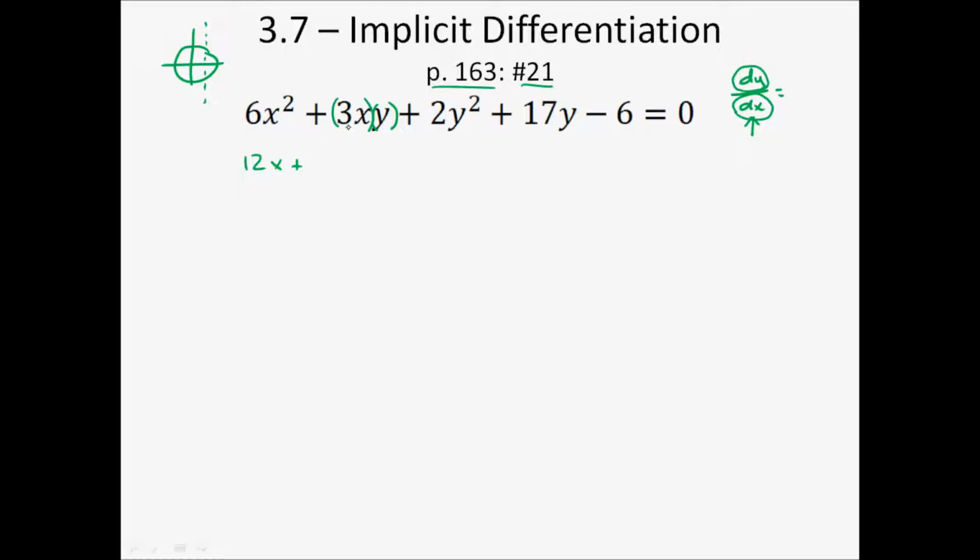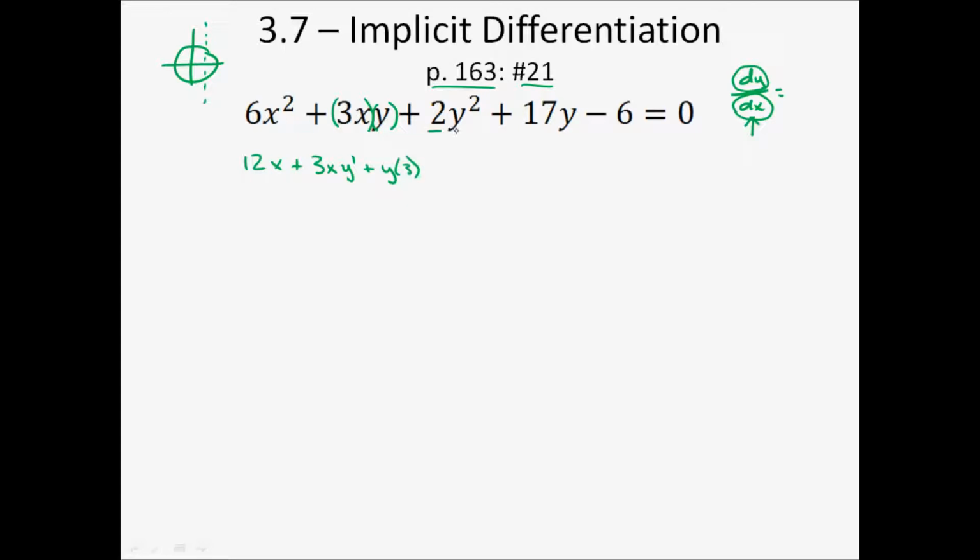Remember the product rule: first factor times the derivative of the second factor. Remember, the derivative of y is not 1. The derivative of y with respect to x is going to be dy/dx. I'm going to use y prime just to make the notation a little bit simpler. So that's the first part of the product rule. Then the second factor times the derivative of the first factor, and the derivative of 3x with respect to x is just 3.